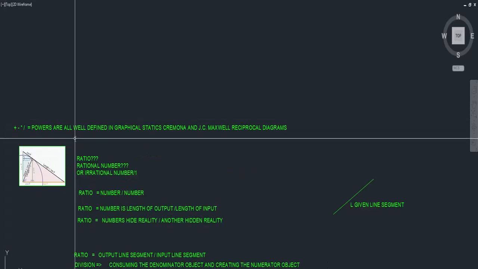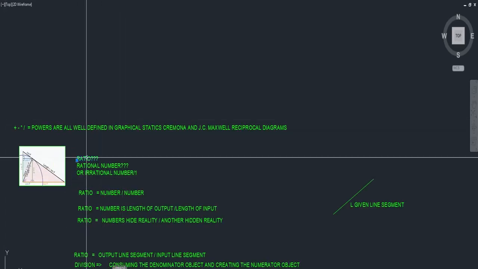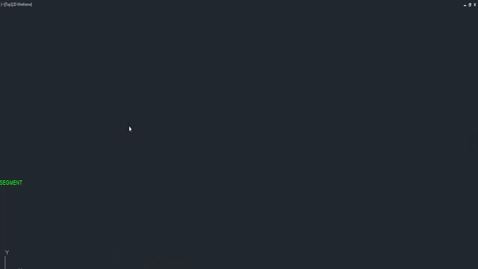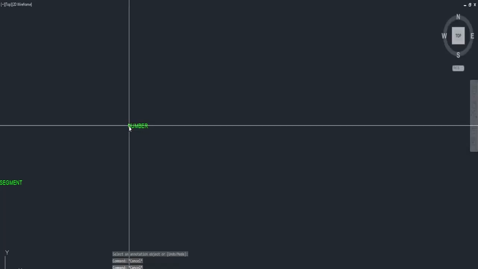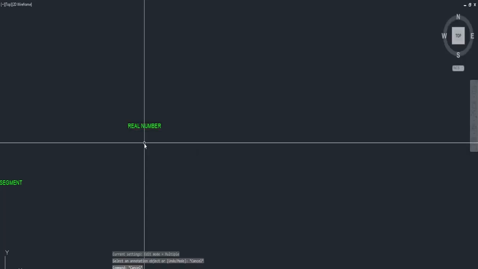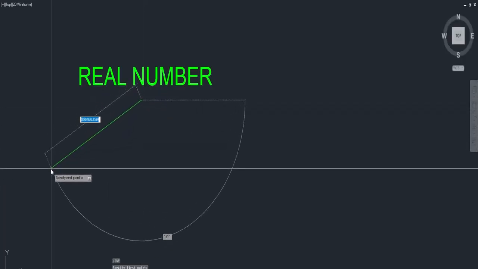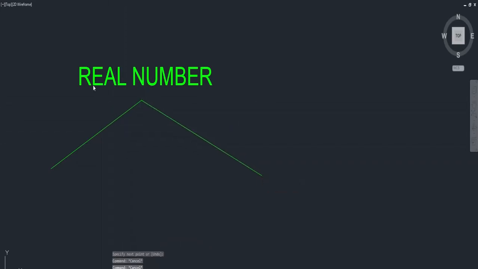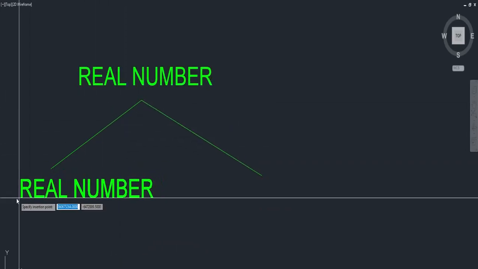Now if we consider any number, whatever the number is, any real number, then two conditions can occur. Either it is a rational number or it is an irrational number.